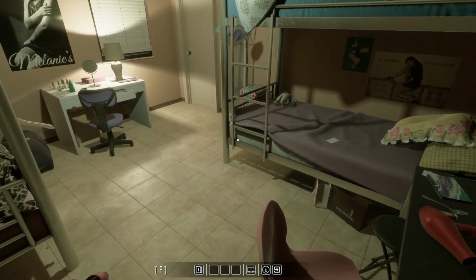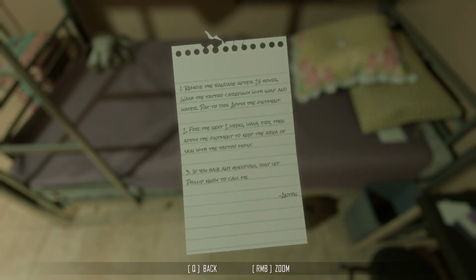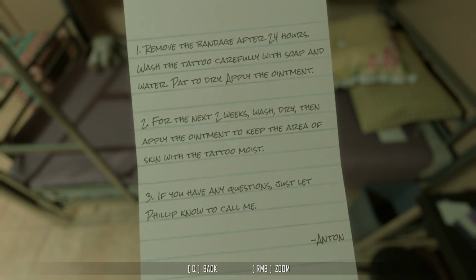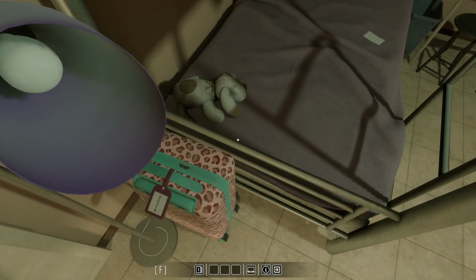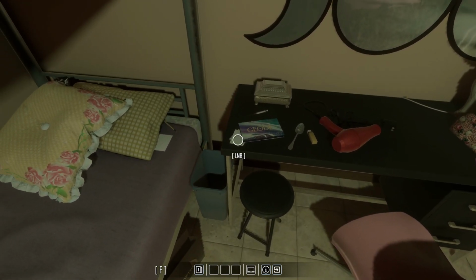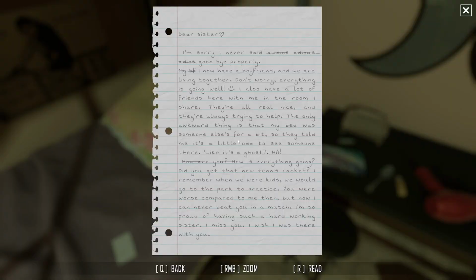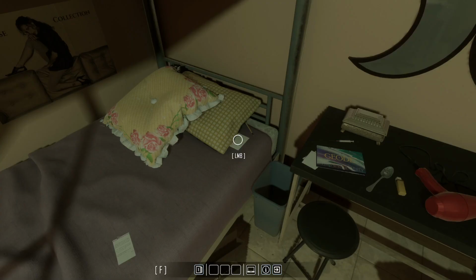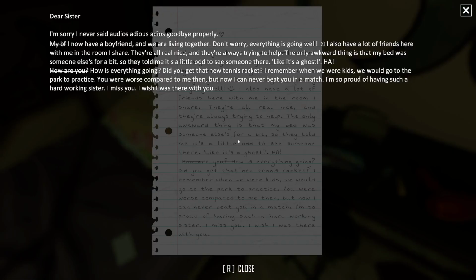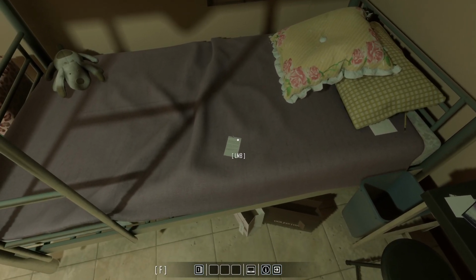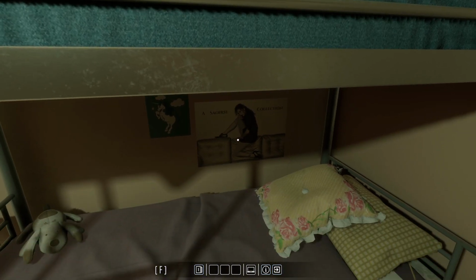So I'm fairly certain it would be... Remove the bandage, yes. And I'm fairly certain it would be Stephanie, wasn't it? I'm fairly certain that would be Stephanie.